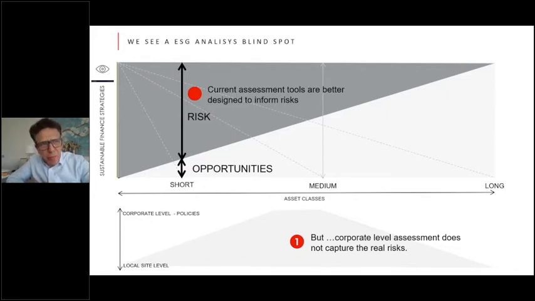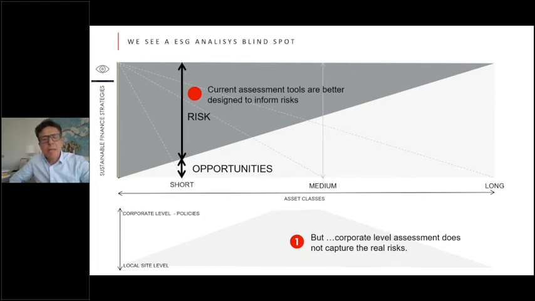When we are talking about environmental and social topics, for me this is a basic problem and a challenge, and in the coming years we will have many discussions about how the current ratings are assessing companies, taking into account that social and environmental things are local, and our reports are at a corporate level.